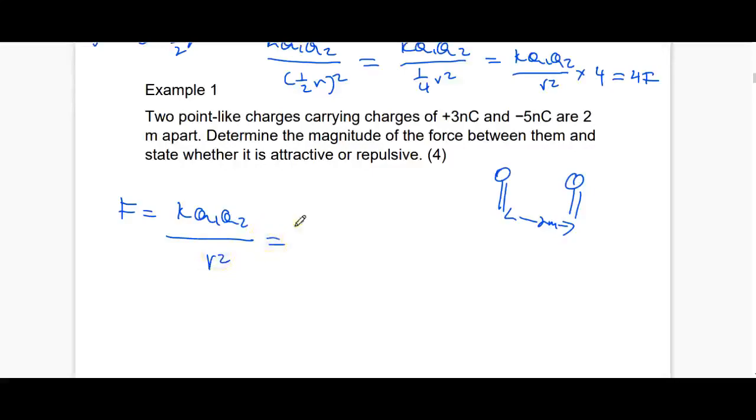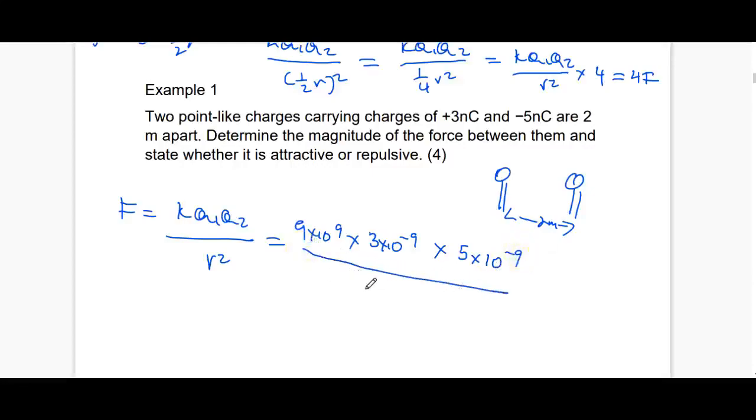What is k? k is 9 times 10 to the power 9, multiplied by q1, which is positive 3 nanocoulombs, multiplied by q2. Here we are not going to include the negative because we are talking about magnitude only. That negative gives us direction, so we will not include it in Coulomb's law formula.